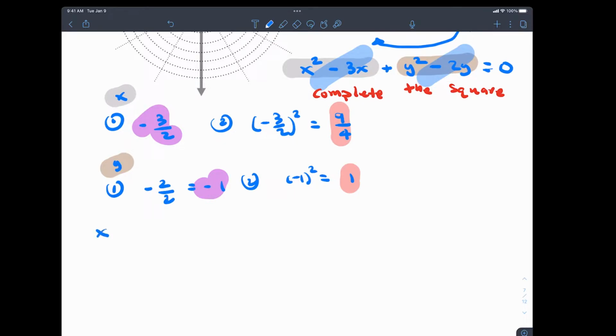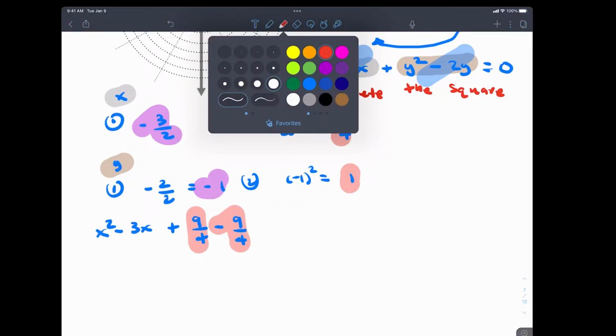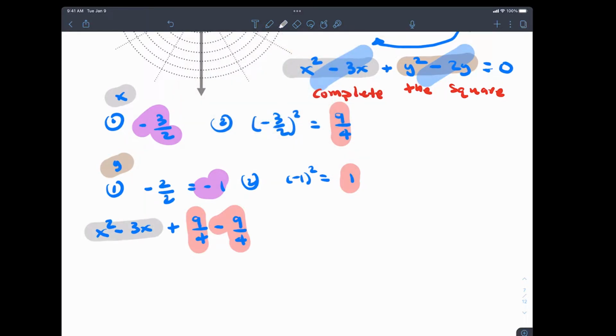So we get x squared minus 3x. Now for the x, we add 9/4. We subtract 9/4. So this is the process. It's kind of like saying, hey, this is 0. It's not even there. That's for the x squared minus 3x portion right here. Okay? And then you say, okay, what about the other one?